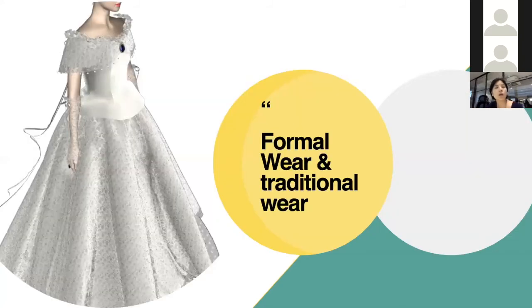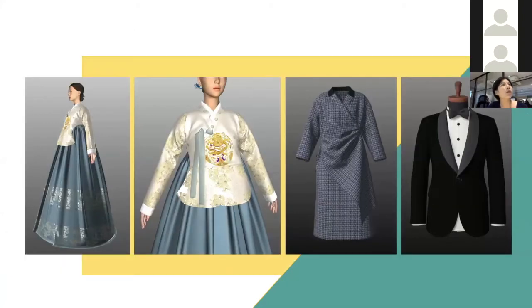And with formal wear or traditional wear, as we know, they require more details, or the structure may be complex, or the material used might be complex. So here are some projects we have made before.